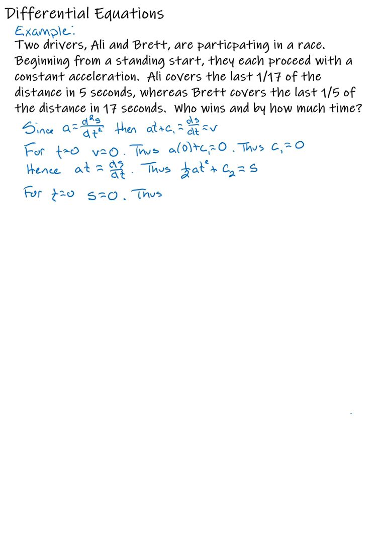Thus, substituting in, we have 1/2 A times 0 squared plus C2 is equal to 0. Thus, C2 is also equal to 0. Hence, we're working with the equation 1/2 AT squared is equal to S.